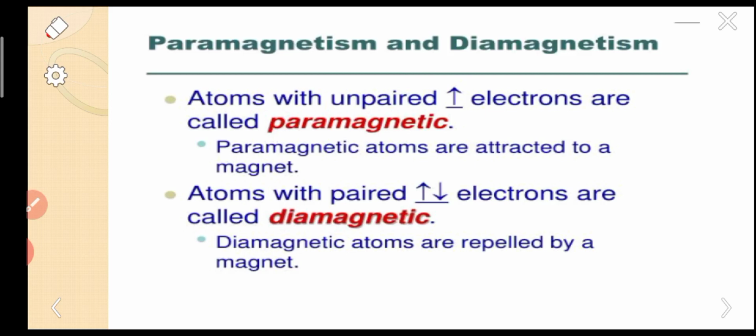This is the major difference between the paramagnetic effect and the diamagnetic effect. Whenever the temperature increases, paramagnetic materials are converted into diamagnetic materials because of the randomness of the dipoles. So the major difference is that these are unpaired and these are paired.